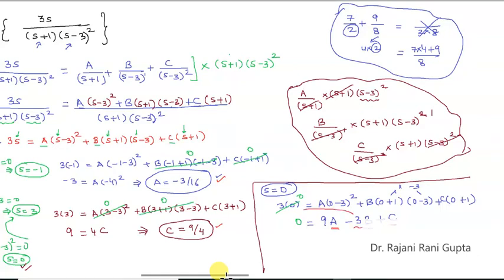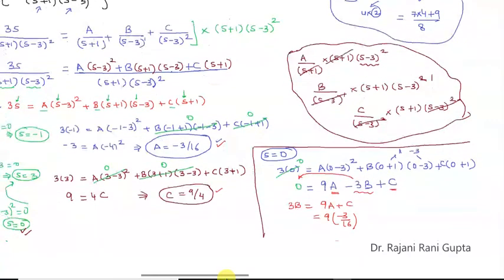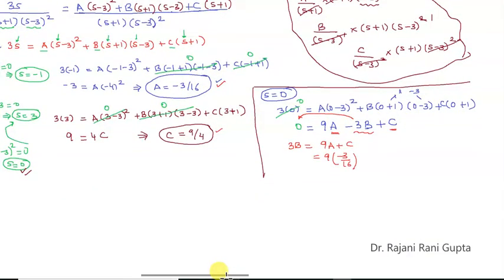So for that, first we rewrite it. We move 3B to the other side. So we write 3B. If we change the side, the sign will change. Negative becomes positive. 9A plus C, which is equal to 9 times A, which is minus 3 over 16, plus, what is the value of C? 9 over 4. So when you solve it, 9 times minus 3 gives you minus 27 over 16 plus 9 over 4.